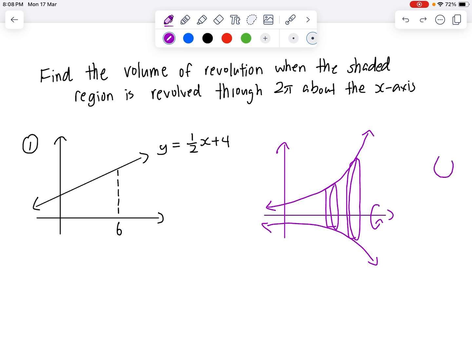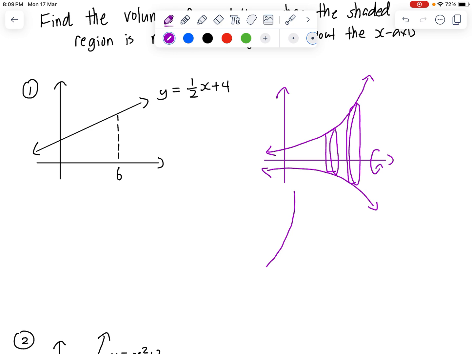If you look at it from this point of view, you see that this part is like the base of the shape, and here is the volume. If I put this in a different perspective, you see something like a flask, and the volume is inside.